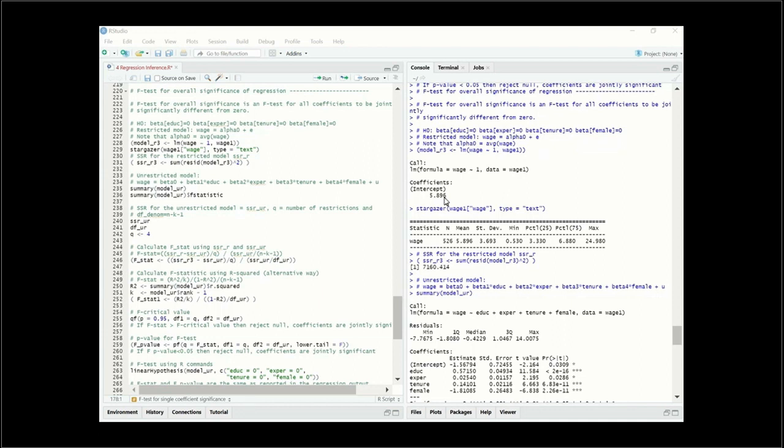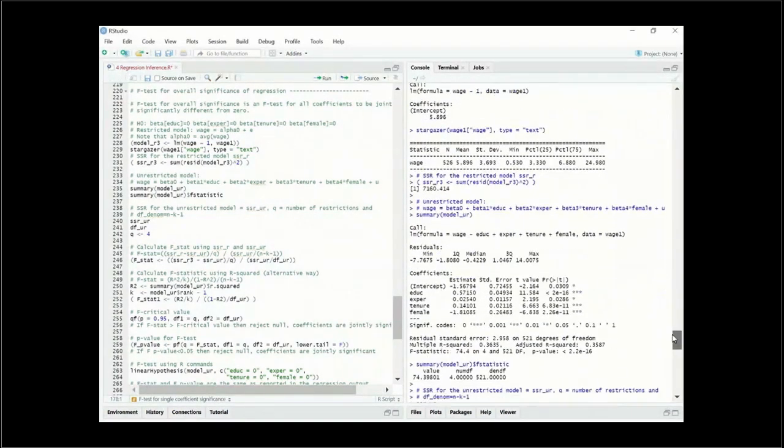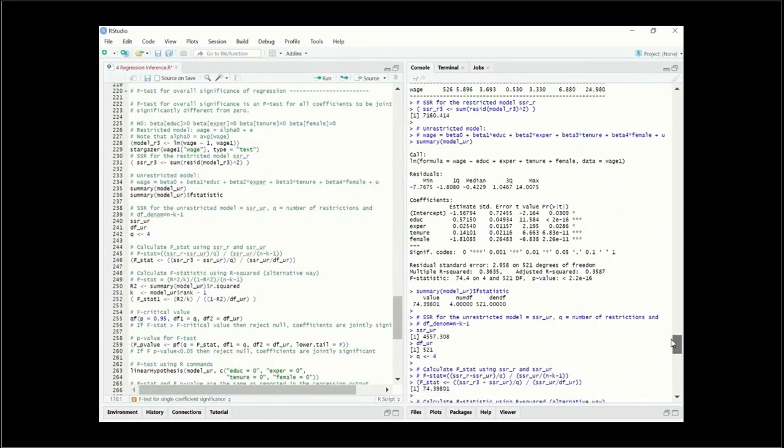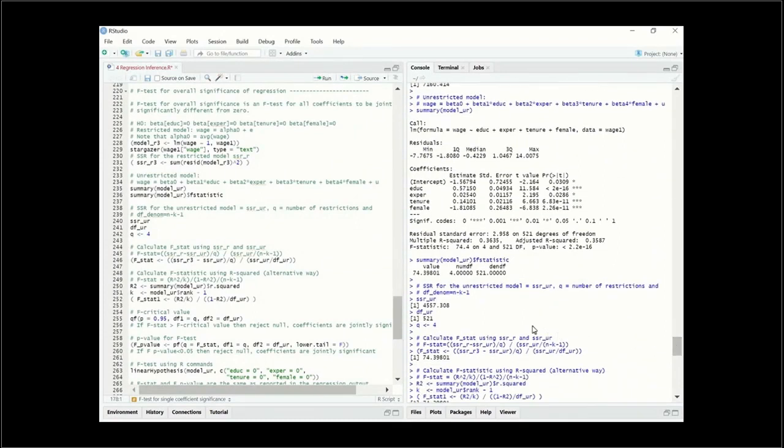So that's actually what's happening when we omit all of the independent variables from this model. Okay, so now we can again estimate the unrestricted model, and then we can check here the F statistic from that model.